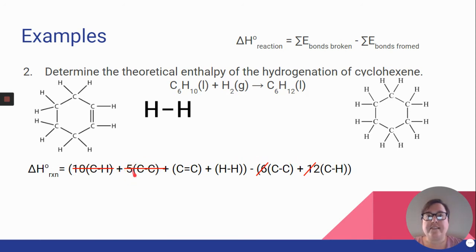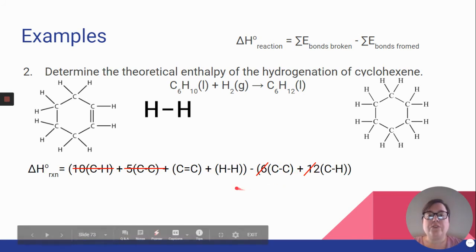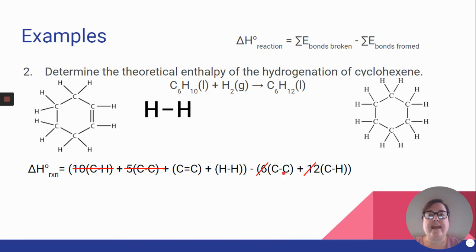Our 5 single carbon bonds are going to cancel out all but 1 on this side. So really what's happening is we're breaking this double bond, we're breaking the single bond of hydrogen, we're creating an extra carbon single bond, and we're creating 2 extra carbon-hydrogen bonds. So we only really need those 4 values.